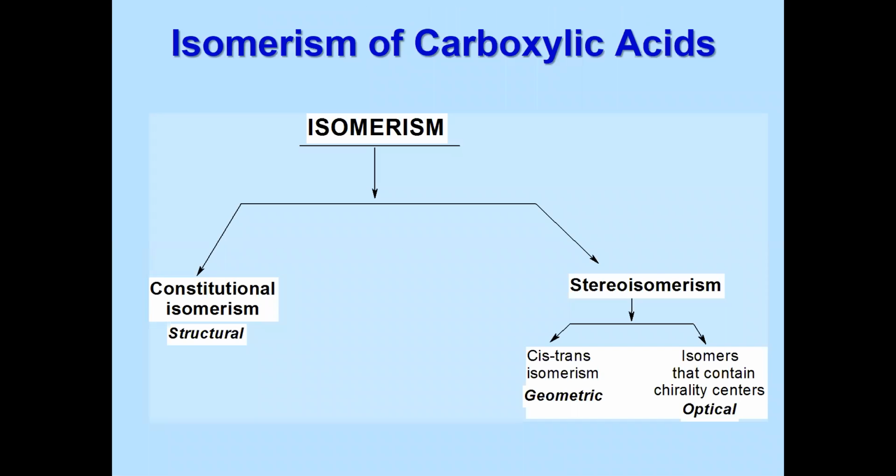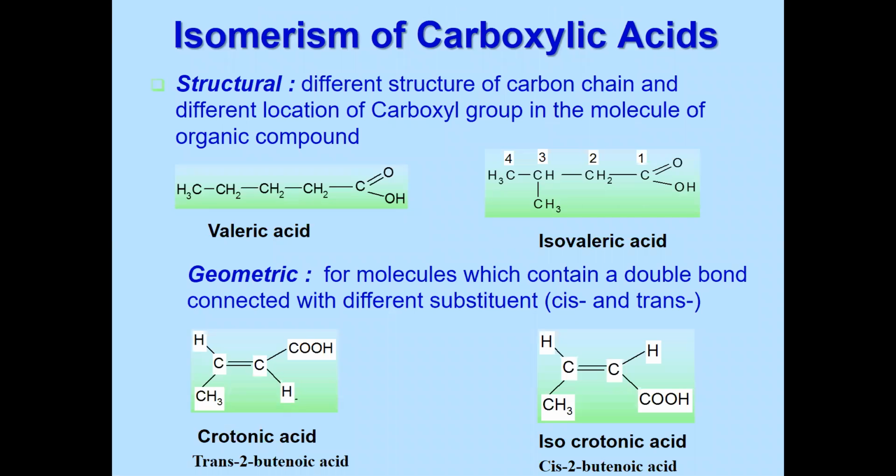Isomerism of carboxylic acids. Structural: different structure of carbon chain and different location of carboxyl group in the molecule of organic compound. For example, valeric acid, isovaleric acid.